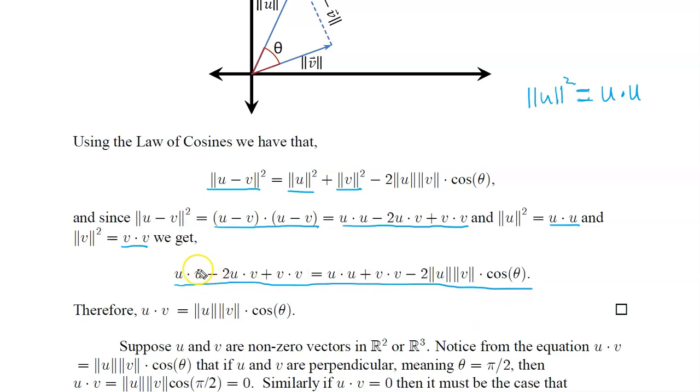And you notice that U dot U, they cancel, V dot V, they cancel, and so you end up with negative 2 U dot V equals negative 2 times this quantity. Cancel the negative 2's, and you end up with U dot V equals magnitude U times magnitude V times cosine of theta. And that proves our result.